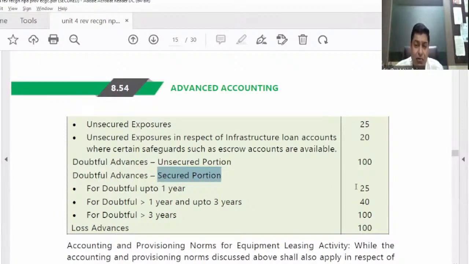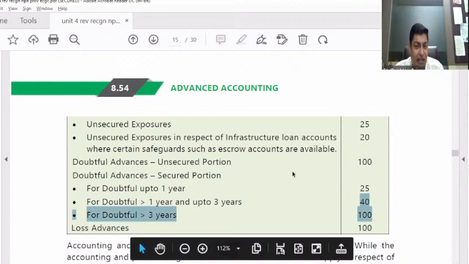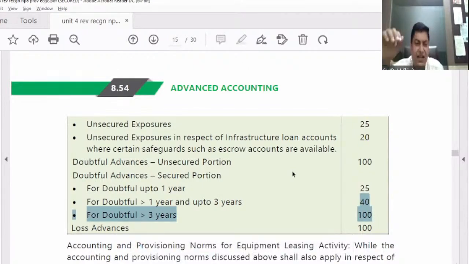If it is doubtful up to only 1 year, then 25%. Doubtful 1 to 3 years, it is 40%. Doubtful more than 3 years, it is 100%, very less chance of recovery. And last is loss assets. The name itself says it's a complete loss. There is no point of second thought, and therefore it is 100%.